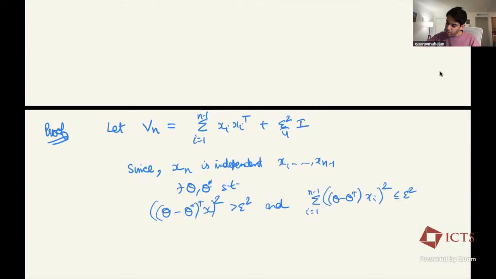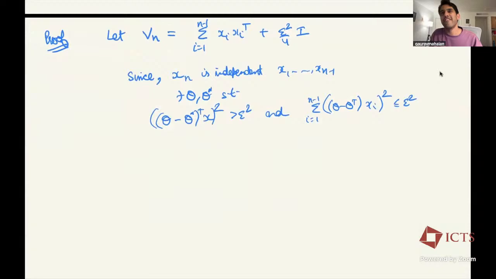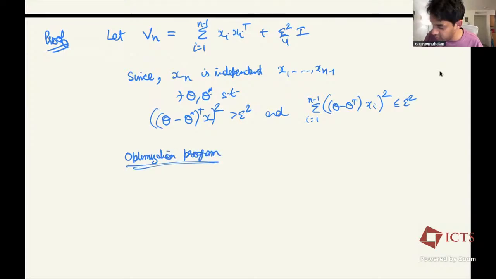Okay. And so to relate it to the properties of Vn, I'm just going to write down a program. So let's look at this program. I do max over say rho. It's optimizing a linear function with quadratic constraints.